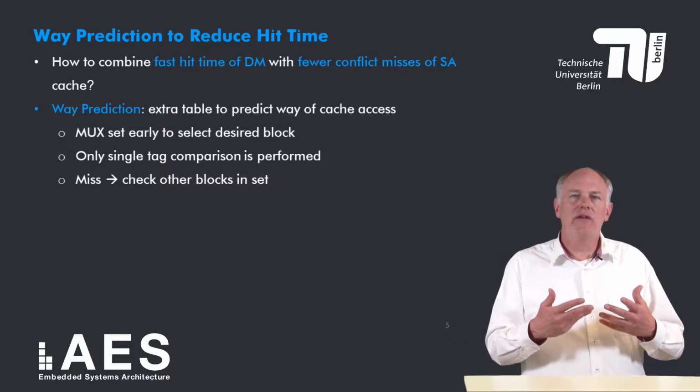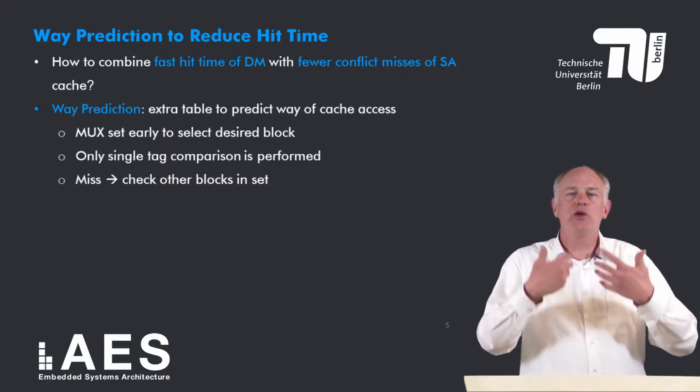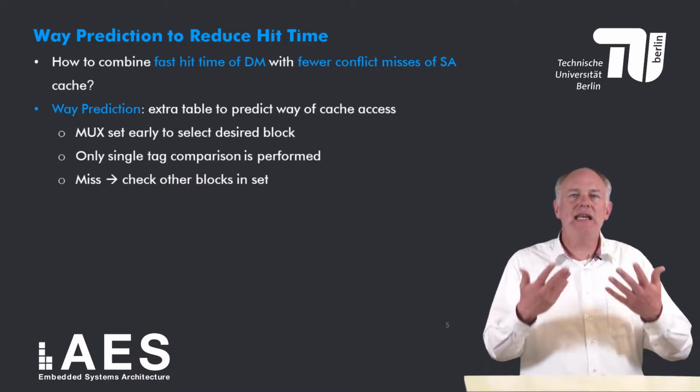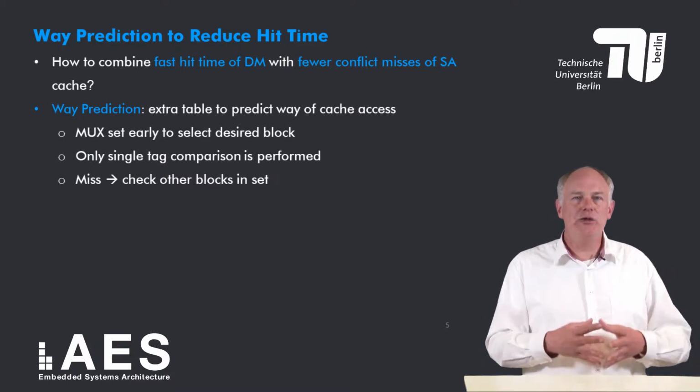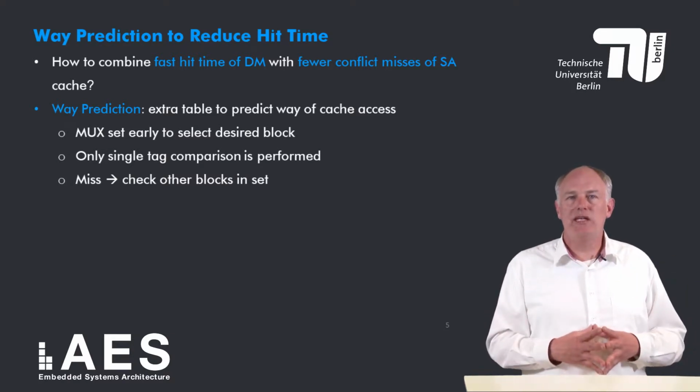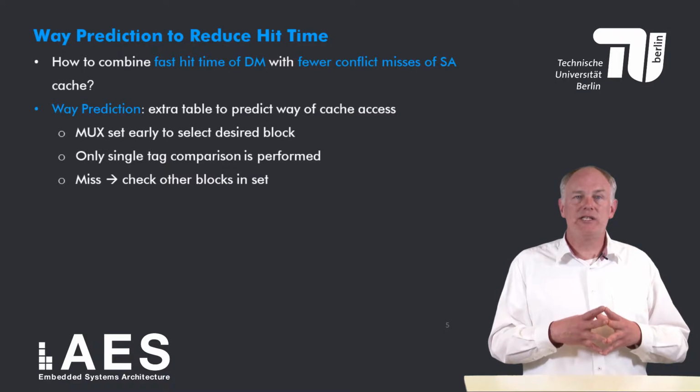In other words, in which way of the cache do we expect to find the block? This allows setting the multiplexer early to select the desired block, and if the block is found in the predicted way, only a single tag comparison has been performed. If the prediction was incorrect, we need to check the other blocks in the set.